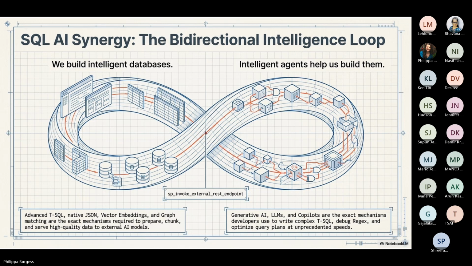And then SQL AI synergy, a bidirectional intelligence loop. We build intelligent databases, and intelligent agents help us build them. In the middle of this is the sp_invoke_external_rest_endpoint. Advanced T-SQL, native JSON, vector embeddings, and graph matching are the exact mechanisms required to prepare, chunk, and serve high quality data to external AI models.